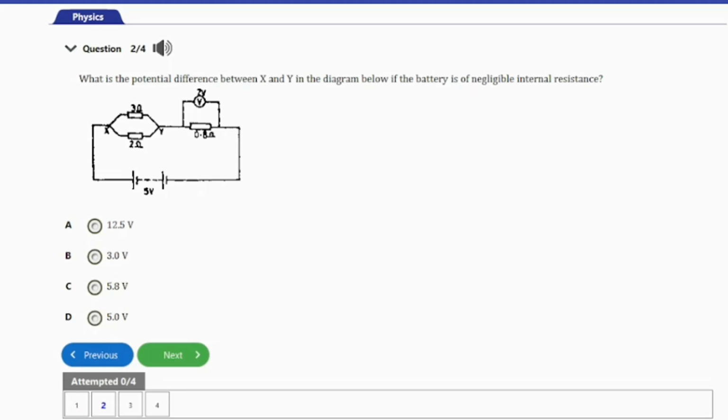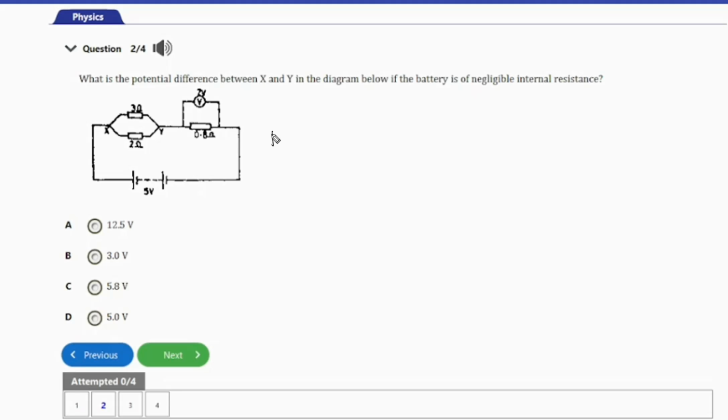So when we find the resistance here, then we can now get to the total resistance from the entire cell, and then from there we can now find the current, and if we are able to get what the current is here, then we can now use V is equal to IR again to find the potential difference across X and Y. So let's go ahead and do that together.